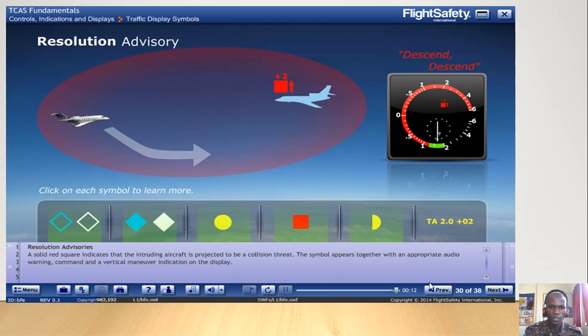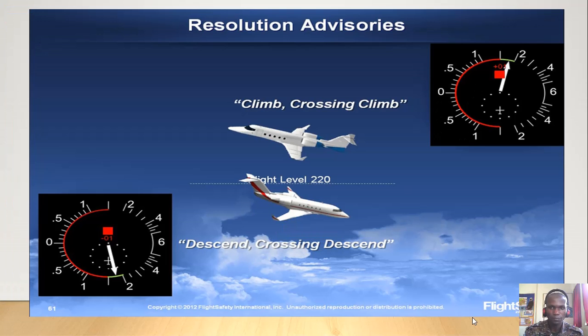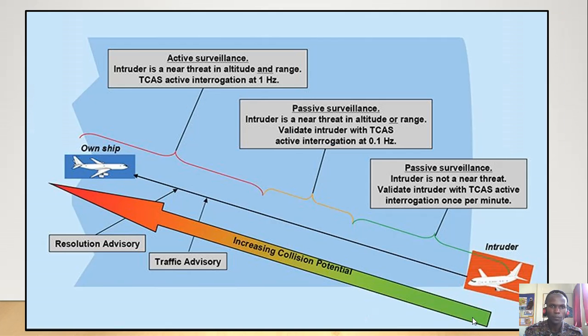So if you're moving in a given direction and the TCAS is on and you see a red square, that means the intruding aircraft is a collision threat. So it has to offer an RA of either descend, climb, crossing climb, descend, crossing climb. Active, increasing collision potential.